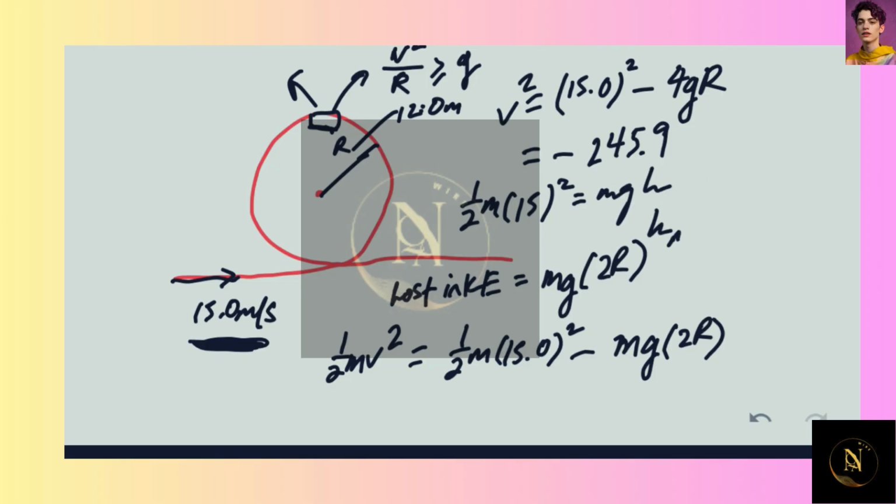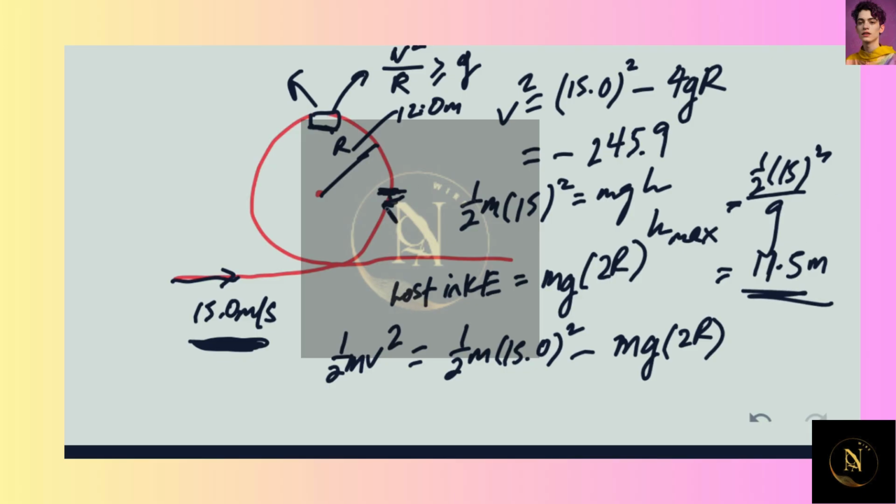The maximum height it can go would just be half of 15 squared divided by g, which is 11.5 meters. Therefore it cannot even reach the midway point. It will only stop at this particular position, at 11.5 meters above the ground.